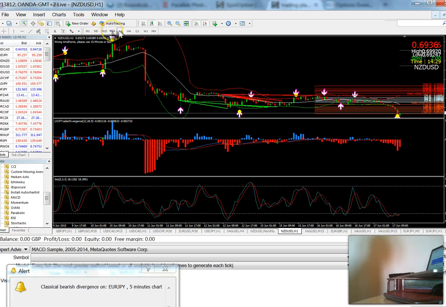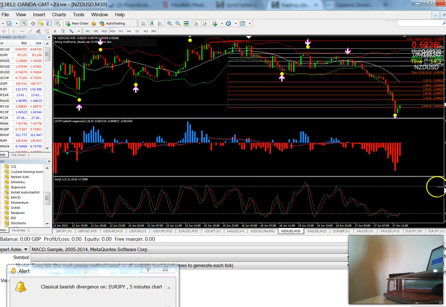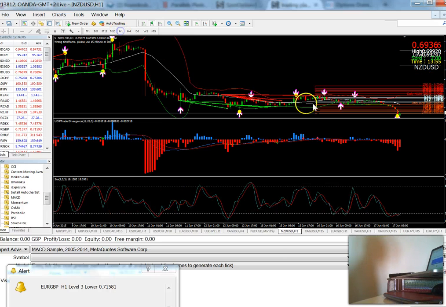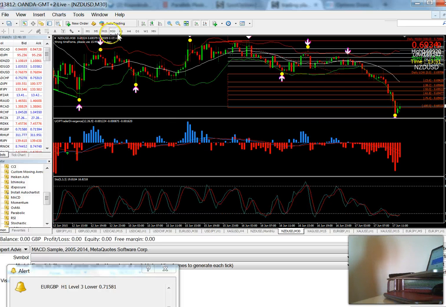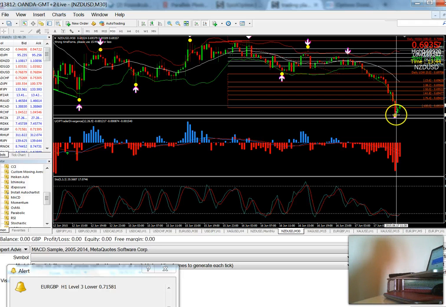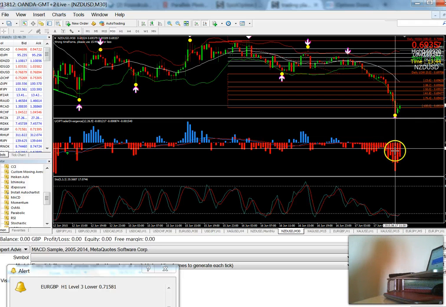Now, I would then cross-check with the time frame before the 1 hour, which is the 30 minute. You can see the super signal is there as well. So on the 30 minute, you have the super signal. On the 1 hour, you have the super signal. What this basically tells me by going to the time frame before is to see how strong the price action has been in the last 30 minutes or so.